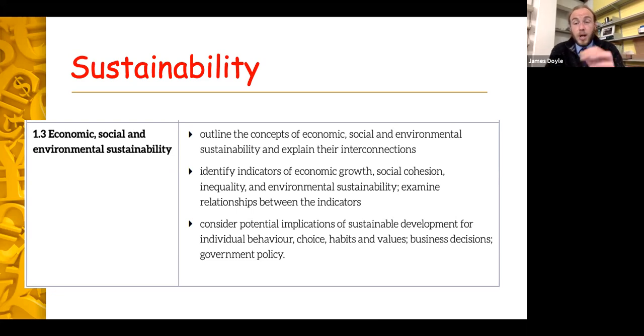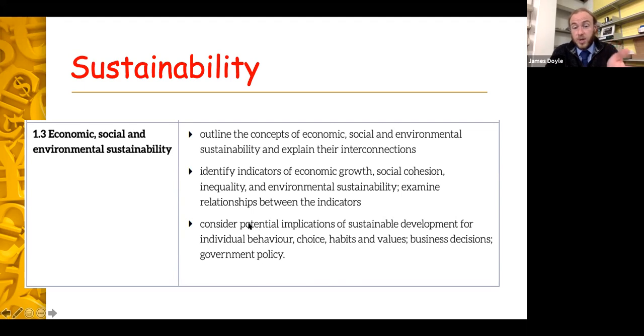So a lot of my students have decided to do 3 aims for their research study. 2 of the aims relate to a part of the specification that relates to the topic area that they're doing. And their 3rd aim relates to that third one there from 1.3, to consider potential implications of sustainable development for, and they're picking the one that's most relevant to them.